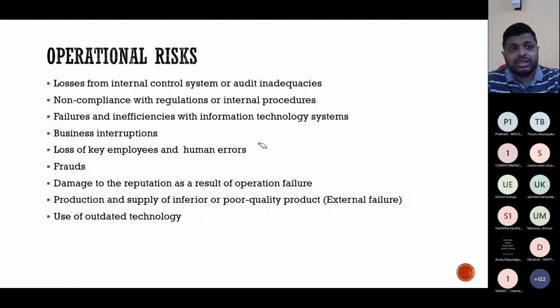Business interruptions. I haven't seen a business interruption scenario in this case, but can you see it in the hotel sector? There were so many interruptions because of COVID.